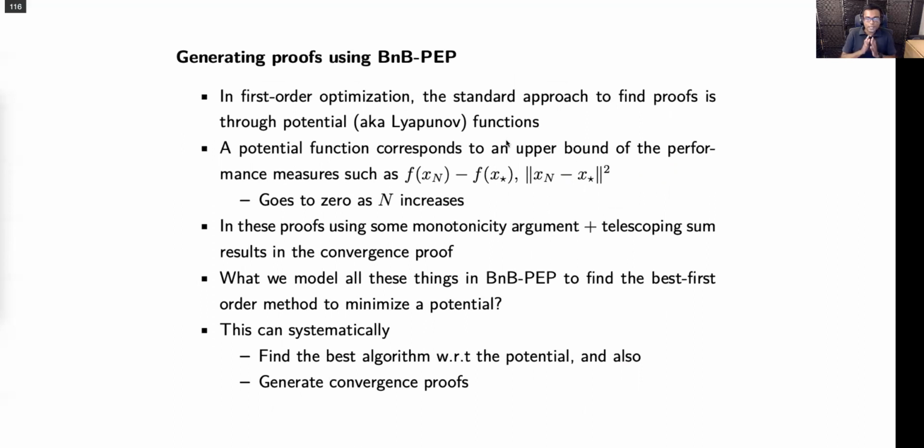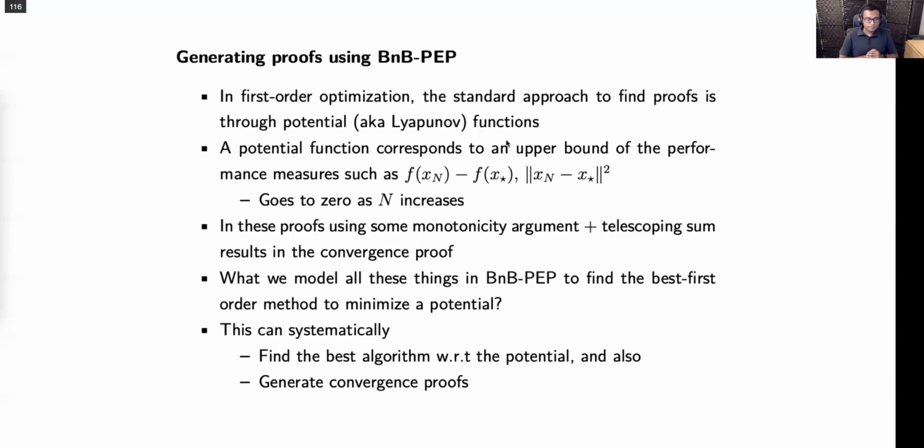It corresponds to an upper bound of the performance measure that we traditionally see, such as function value gap, distance from the optimal solution set, and so on. We often choose this potential function carefully so that as n increases, the upper bound of the potential function goes to 0. Often a monotonicity argument and a telescoping sum argument result in the convergence proof once we have shown that the potential function is monotonically decreasing as we increase n.